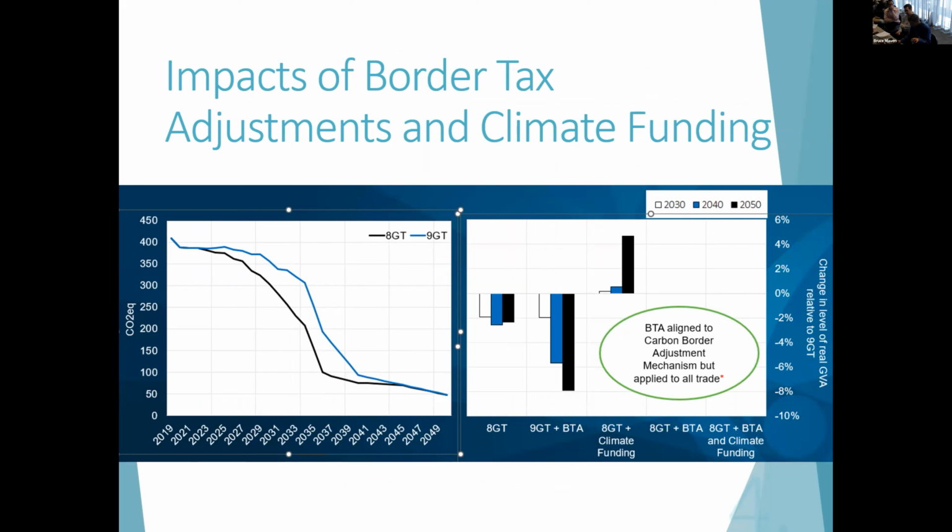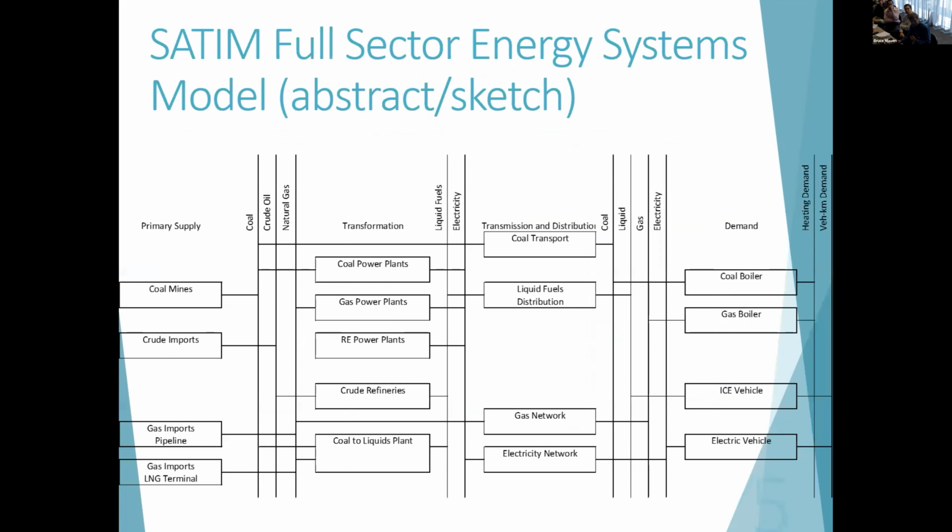We can calculate the embedded carbon of our consumed goods and our exported goods, and we can use that to see our risk exposure to border tax adjustments in our trading partners.